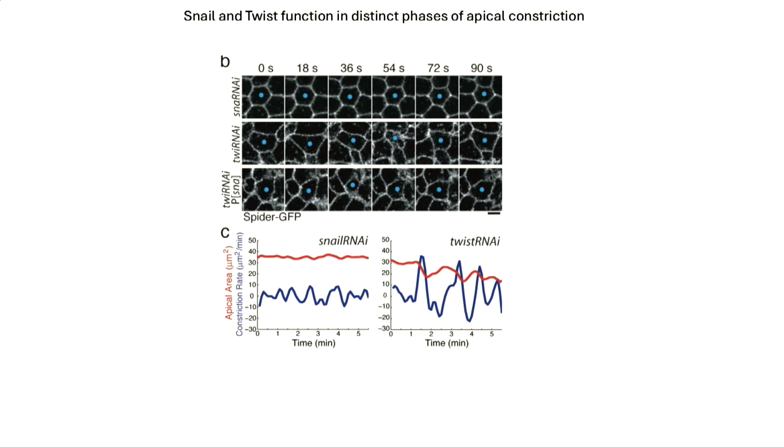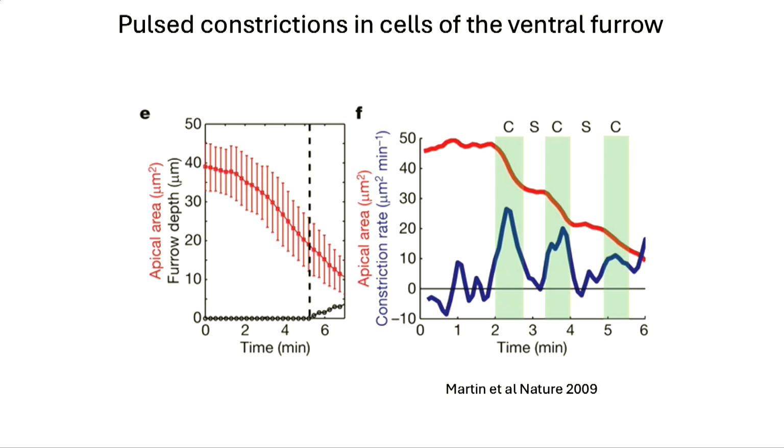The twist knockout, is it trying to recover the geometry? Because the red line seems to be going up. So basically, again, we just compare it to the control right here. So we have a constriction phase and a stabilization phase, a constriction phase and a stabilization phase. And in the case of twist, you do have some constrictions and then again it comes back.